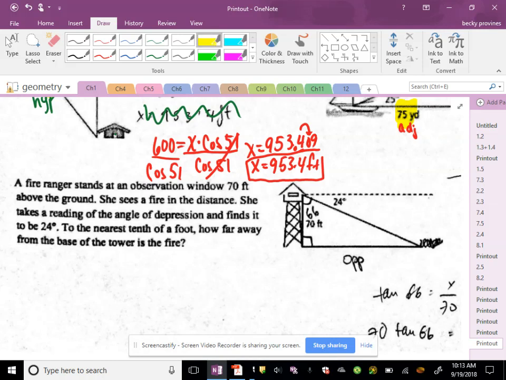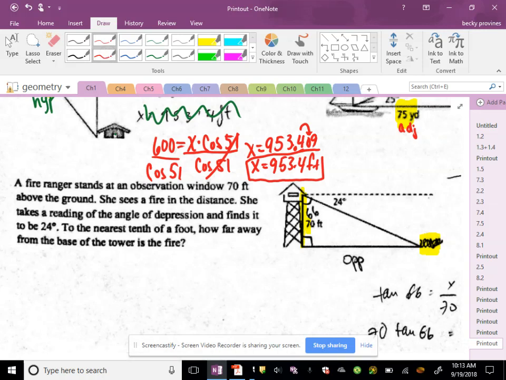A fire ranger has an observation window of 75 feet above the ground. And notice that number was given to you. And if the person sees a fire in the distance, so this little thing out here is supposed to be a fire, and they take a reading of the angle of depression. So this means you're looking down, and it is 24 degrees.